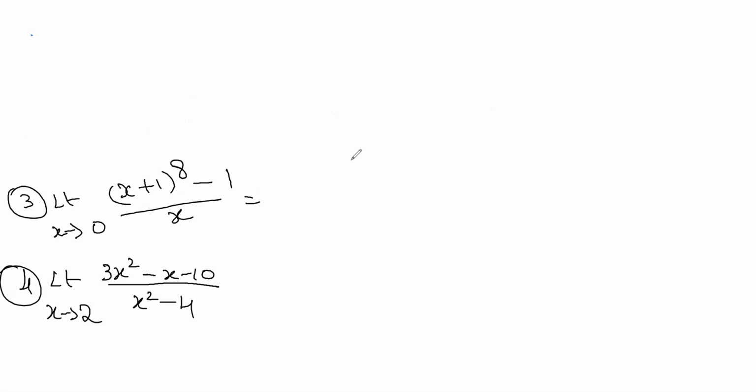Now the next one. What do we do for this one? If you substitute directly, you get 0 by 0, right? If you want to factorize it, it is to the power 8, so we can't factorize it very easily. Since there is a power, it resembles x power n minus a power n by x minus a.